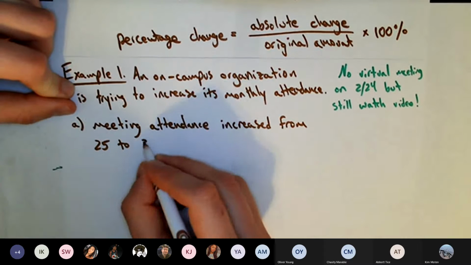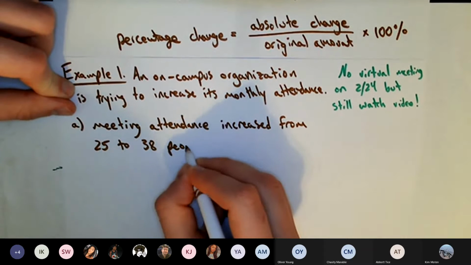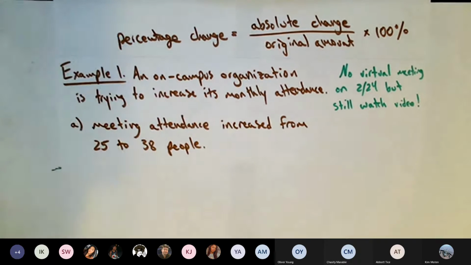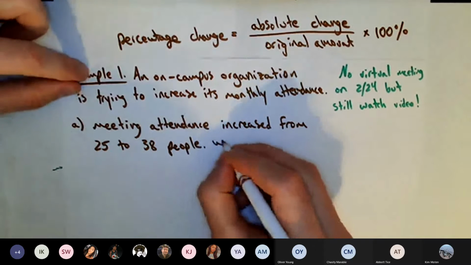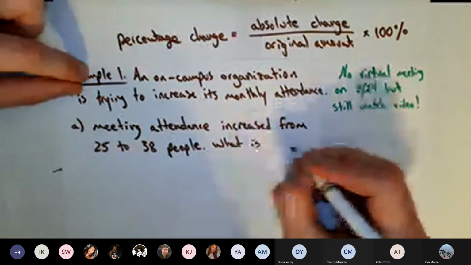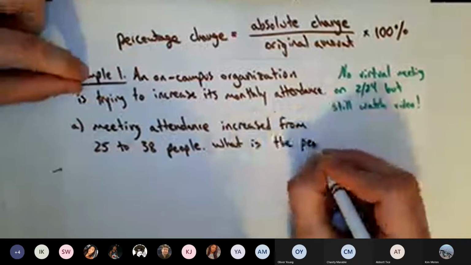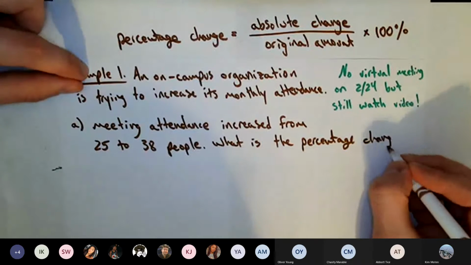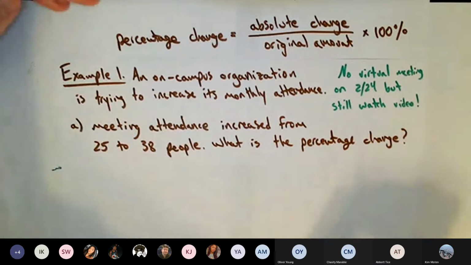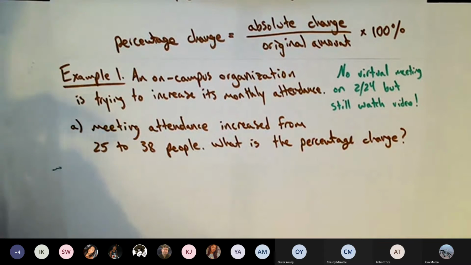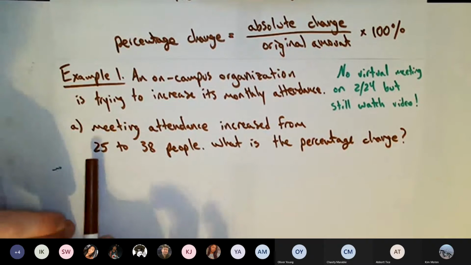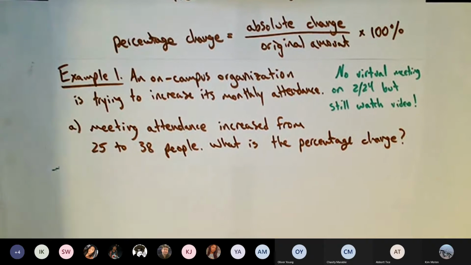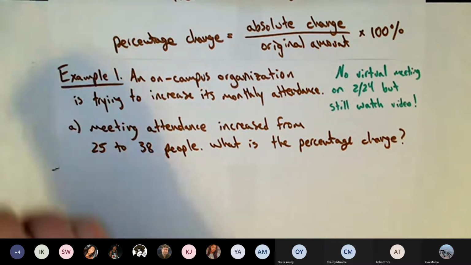So they put up flyers or something and got more people to attend. What was the percentage change? Notice the question doesn't tell you if it's a percentage increase or decrease, but clearly it's an increase, since the number is getting bigger. So in the end, we will describe it as an increase.